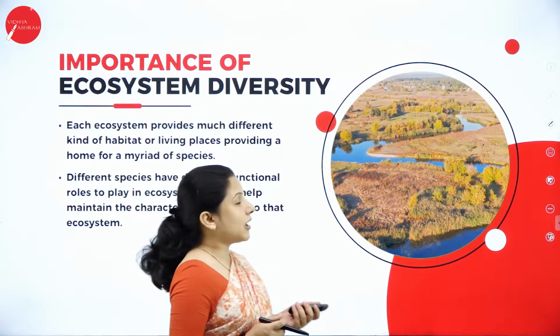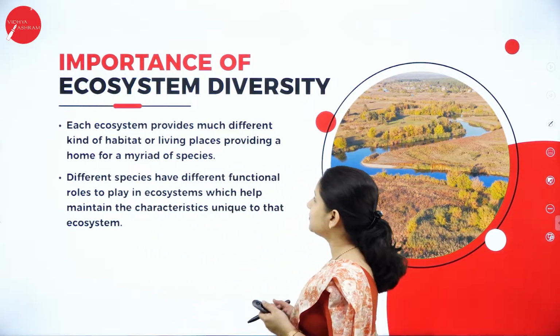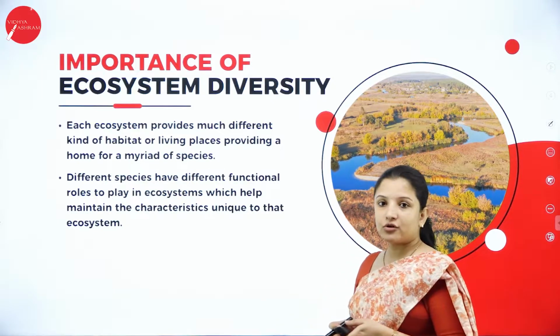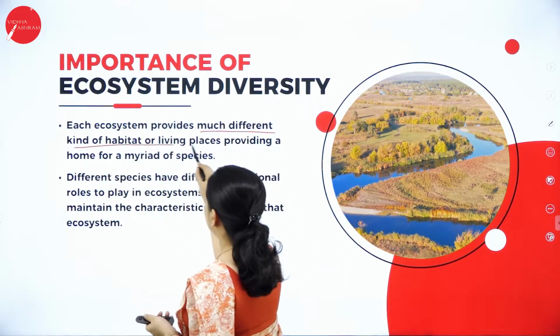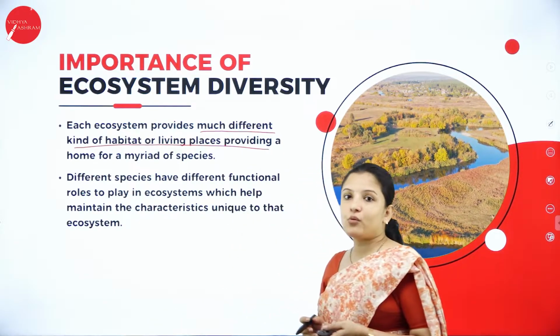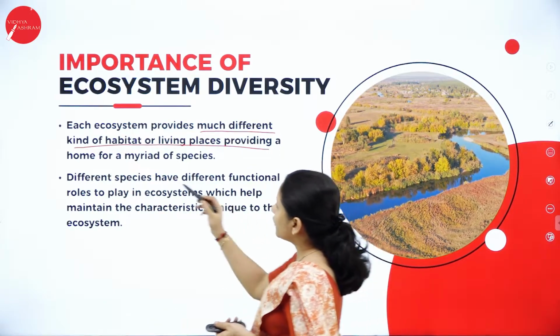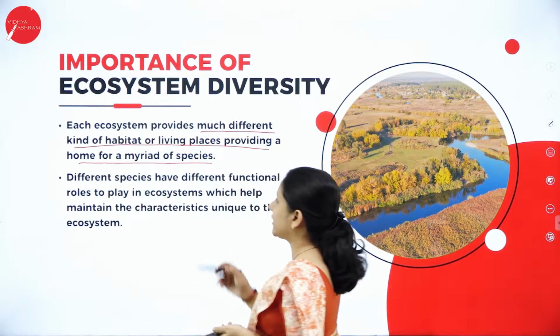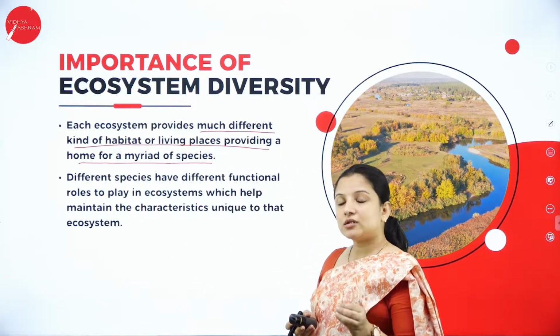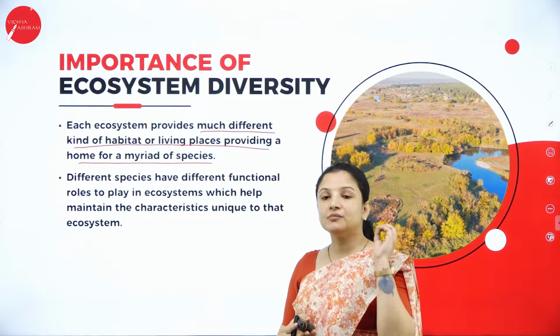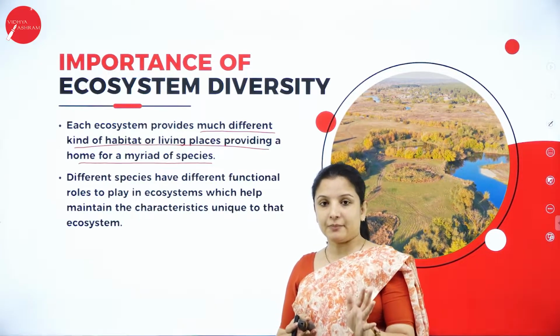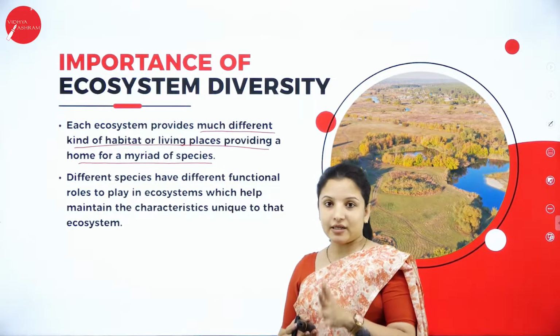So let's talk about the importance of ecosystem diversity. Each ecosystem provides a different kind of habitat or living place, therefore providing a home for a myriad of species, or a variety of species. The type of species living in a terrestrial ecosystem is completely different when compared to that of the aquatic ecosystem.